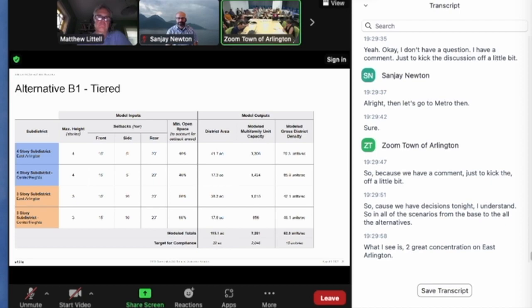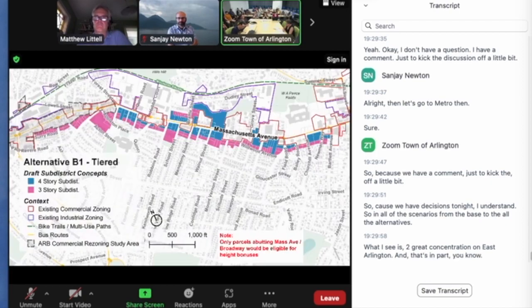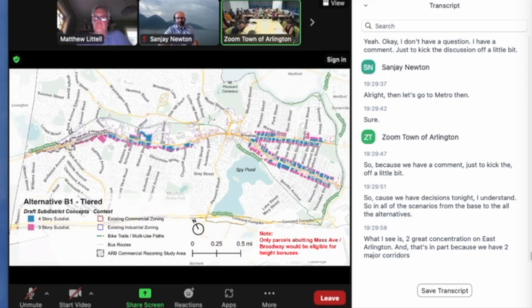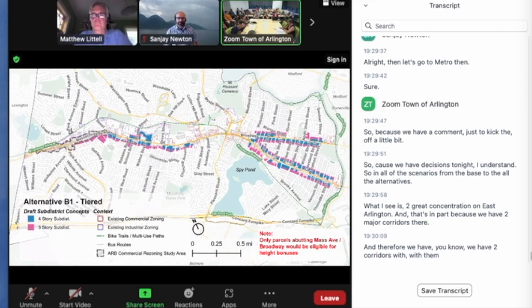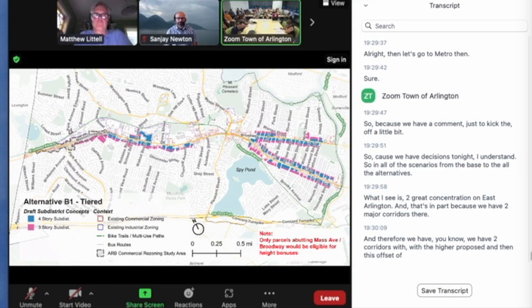That's in part because we have two major corridors there, with the higher proposed zoning and then this offset of 250 or 350 feet to either direction.